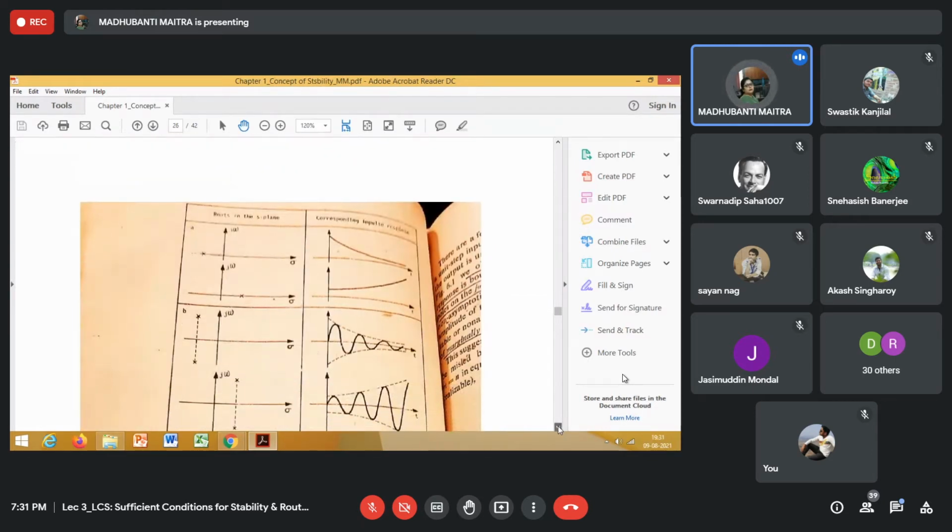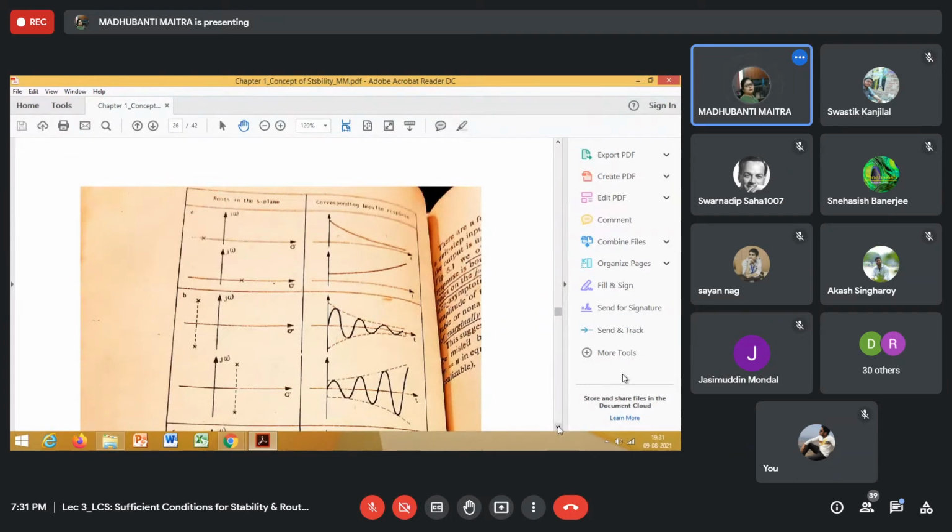So these are some representative system responses. Here you can see one real pole in the left half of the S-plane, and the response is decaying down to 0 as t tends to infinity.